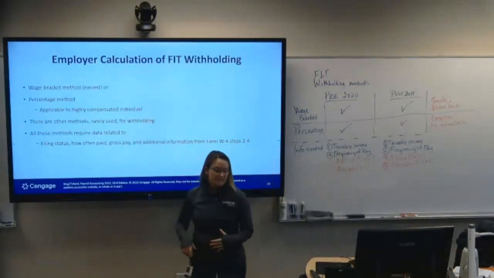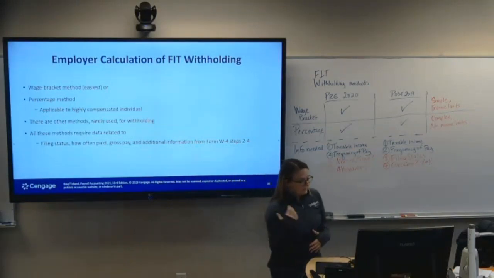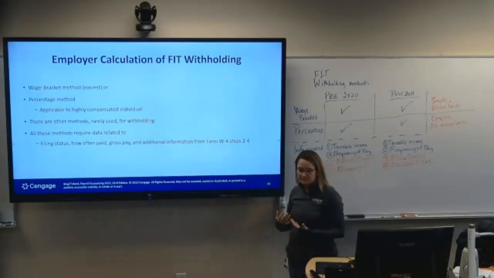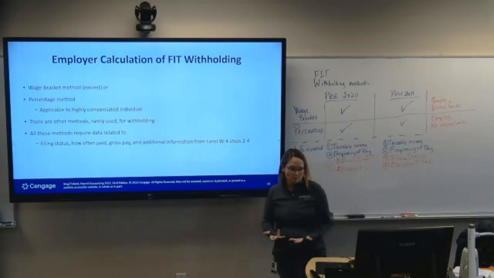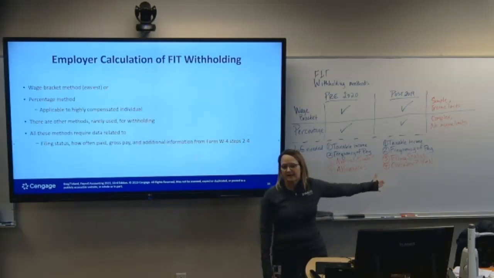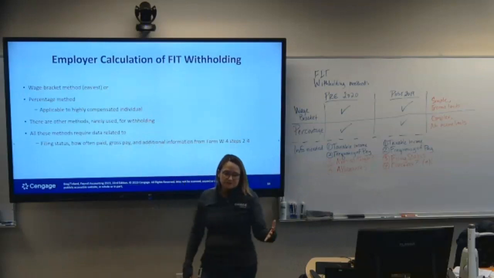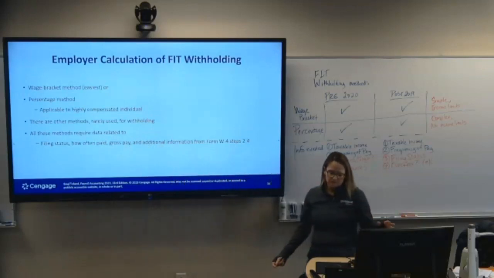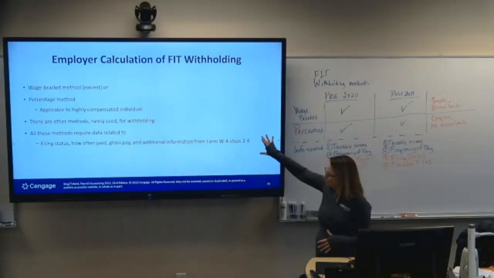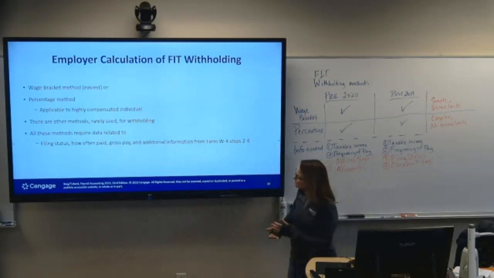The percentage method is applicable to highly compensated individuals, so those who are earning more. That's what we're going to use if we can't apply the table. There are some other methods that are used, but they're very infrequent, so we're just going to focus on these two methods.